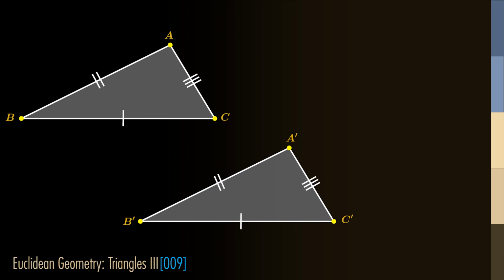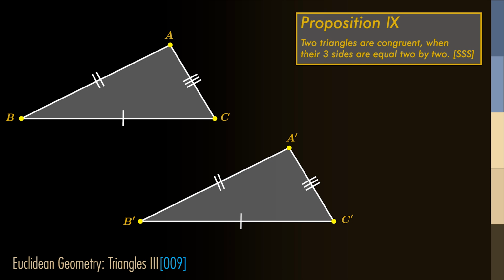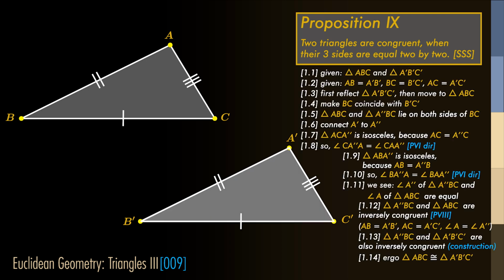A last case of congruency is stated as follows. Two triangles are congruent when the three sides are equal 2 by 2. We will be proving this in an analogous, though slightly different way from the two previous cases. We have two triangles ABC and A'B'C', and the sides are equal in pairs.